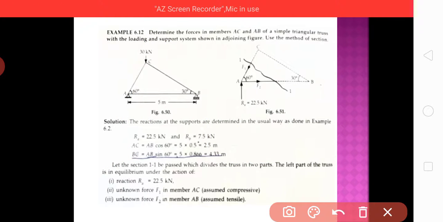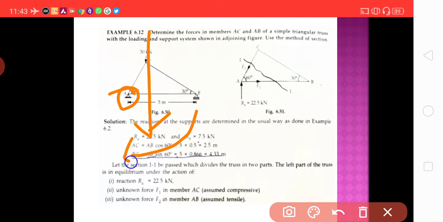Again, you can find out RA comes out to be 22.5 kilonewton and RB comes out to be 7.5 kilonewton. How? Just take moment about A. The 30 kilonewton load line of action is here, so it will be giving a clockwise moment, and this reaction RB will be giving a counterclockwise moment.